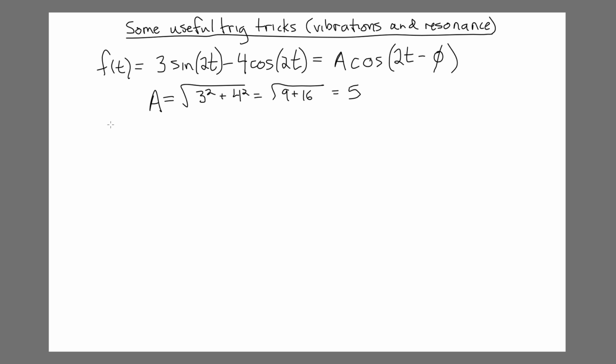And now we rewrite f of t, factoring out that amplitude. So we put the 5 out in front, and now we get 3 over 5 in front of the sine of 2t, minus 4 over 5 times the cosine of 2t.